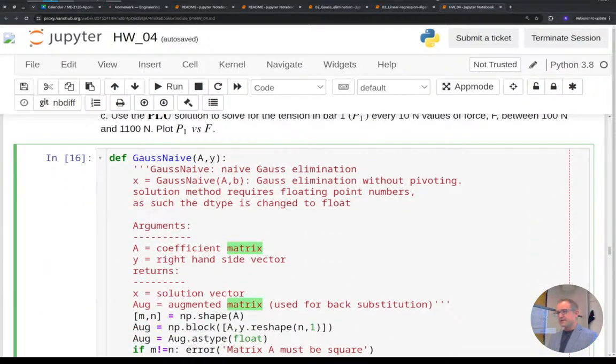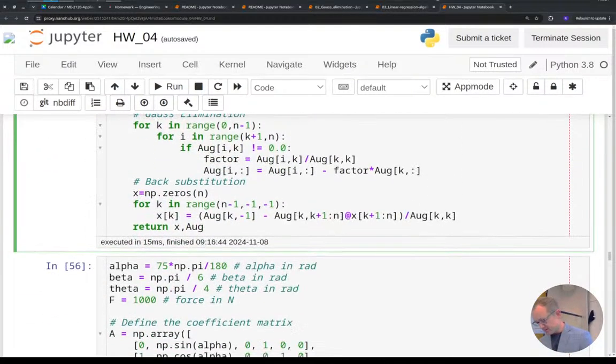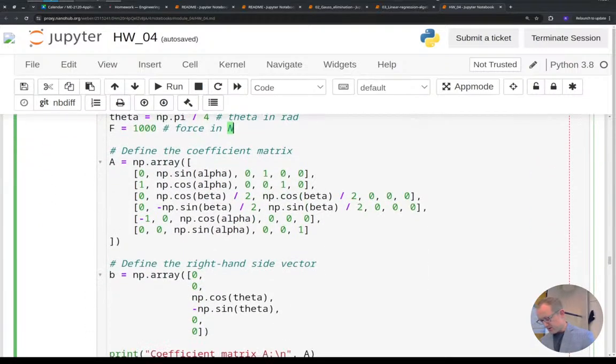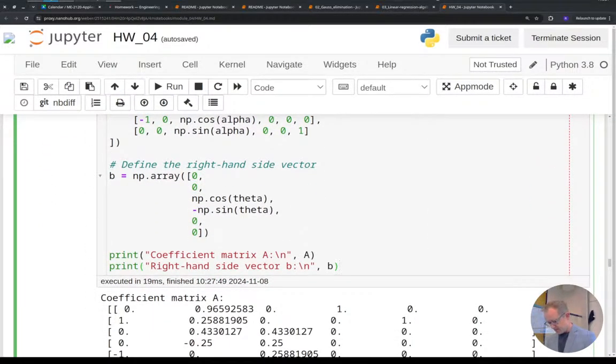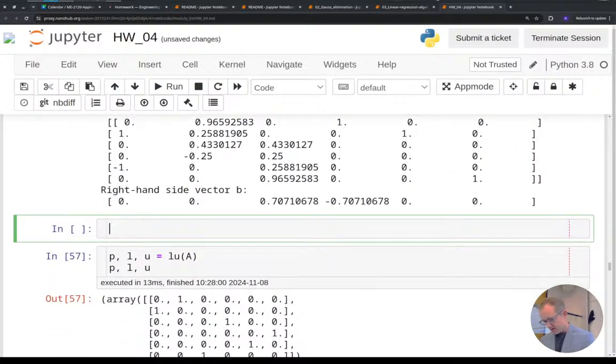I'm going to use just a naive Gauss method and just try to shove it all in there and say, all right, figure it out. Tell me what the answer is. So here I'm defining A, I define B, it's all fine. So now I'm going to say Gauss naive of A and B, and they'll multiply by 100.